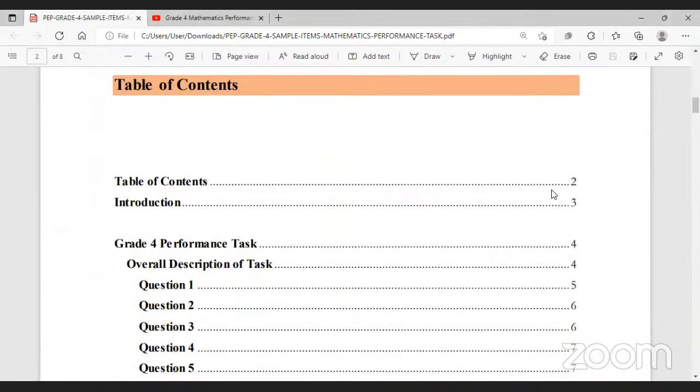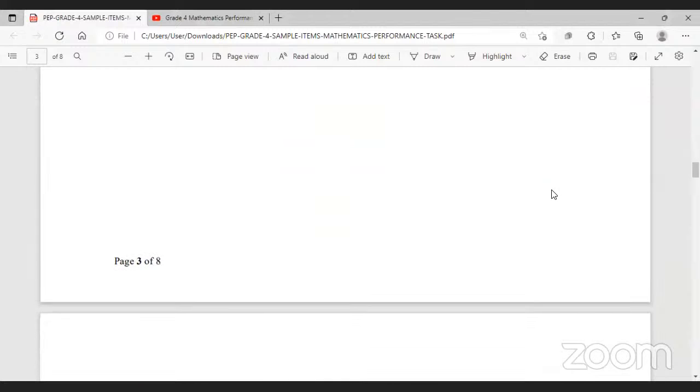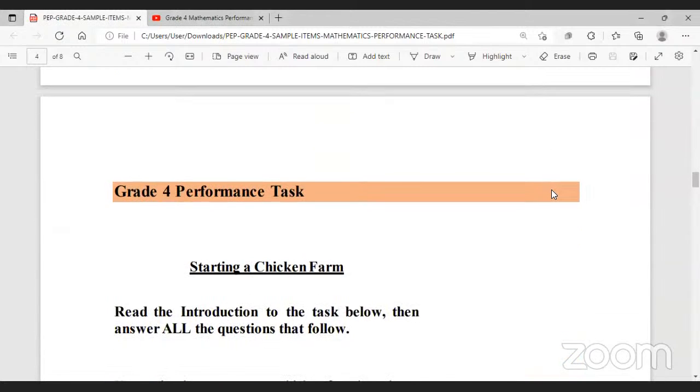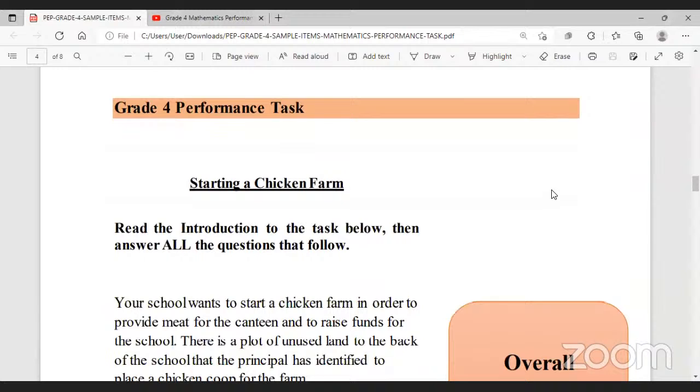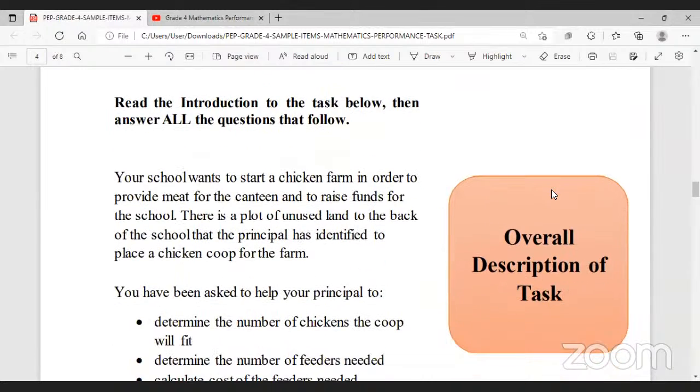So I'm going to go ahead with the instructions. The instruction reads, read the introduction to the task below, then answer all the questions that follow. The introduction to the task is starting a chicken farm. Your school wants to start a chicken farm in order to provide meat for the canteen and to raise funds for the school.